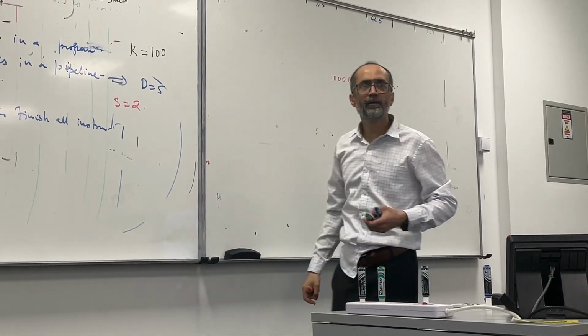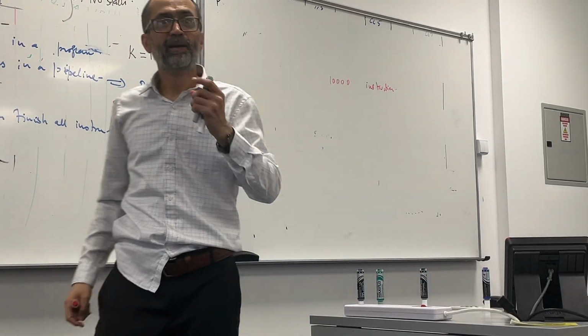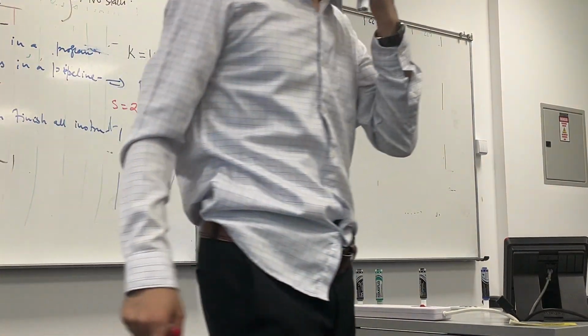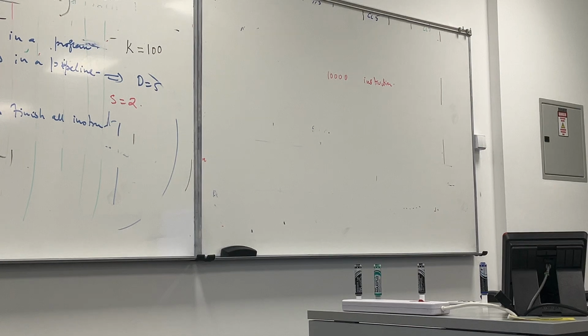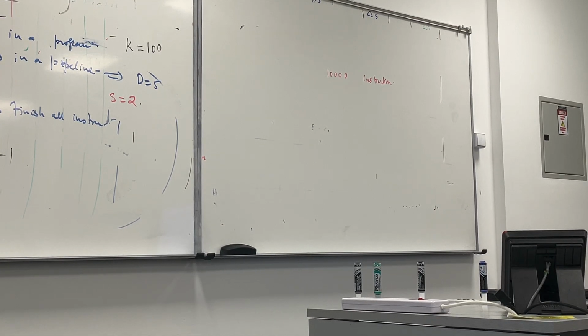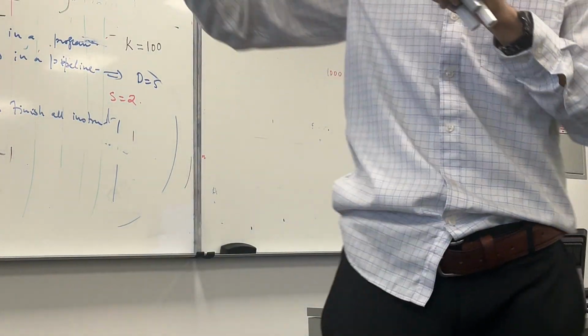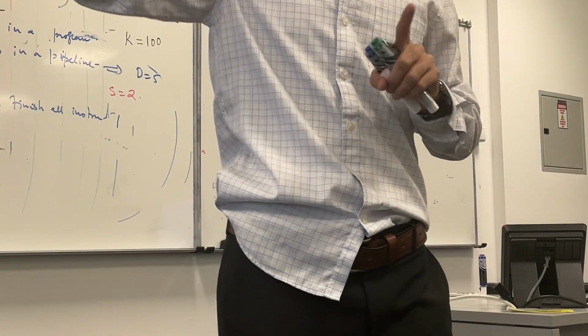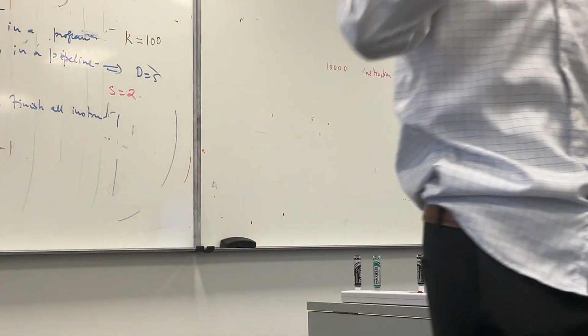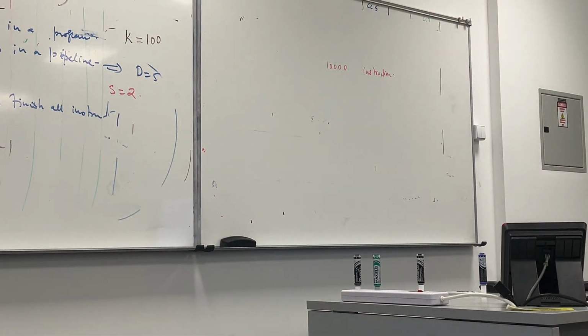How many instructions are there? 10,000 instructions. And assume we are using a sequential machine, not a pipeline based machine. There are different stages. So each instruction will take how many clock cycles? 5 clock cycles.